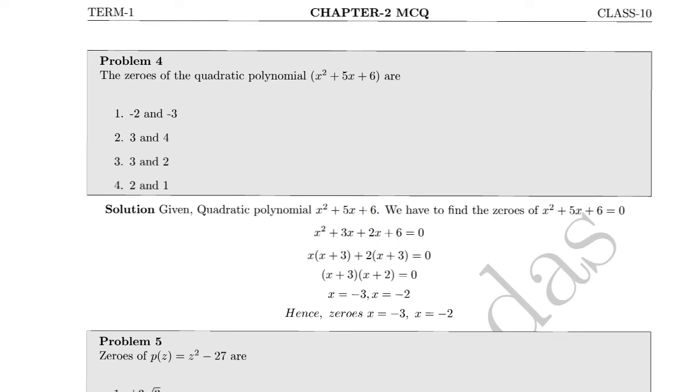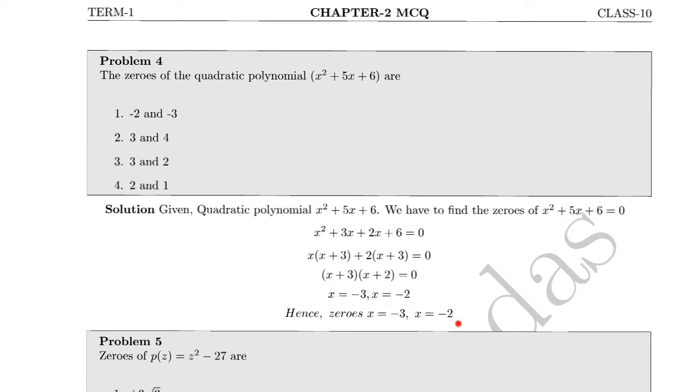We take x common in x square plus 3x, and we get x into x plus 3, and we take 2 common in 2x plus 6, and we get 2 into x plus 3. So we get x plus 3 and x plus 2 equal to 0, and after solving this we'll get x is equal to minus 3 and x is equal to minus 2.